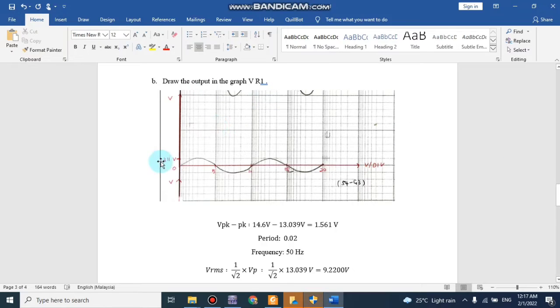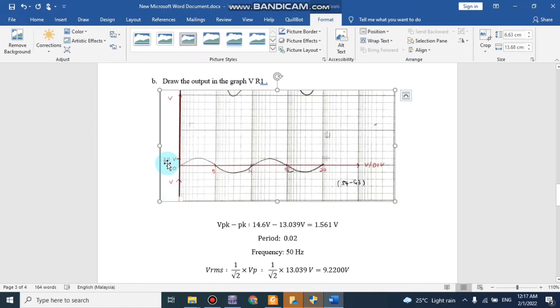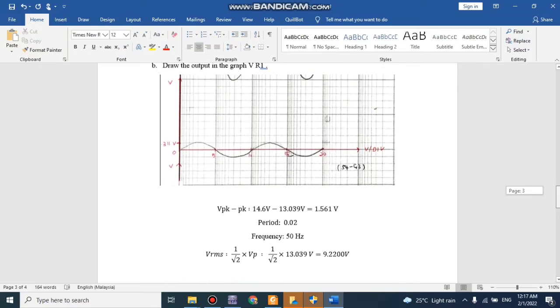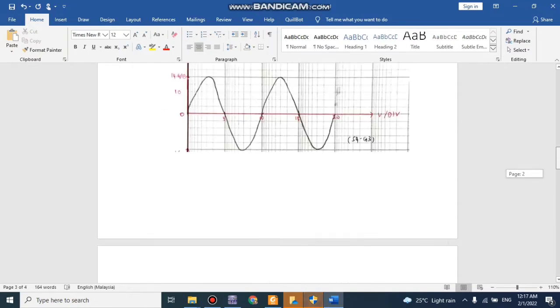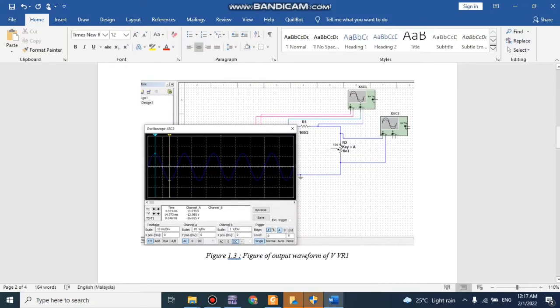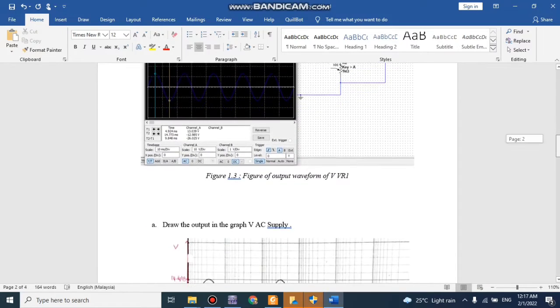And here this is the VR1 graph. The VR1 graph, the VP is 1. Actually it is 1.311 here. I'm sorry, that's a mistake.